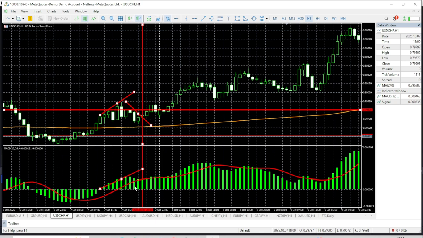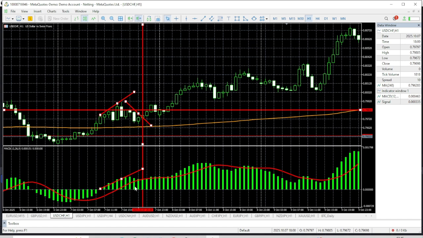So MACD must be bullish, and then the MACD histogram must now move above the MACD signal line for us to buy. We buy on the high of the candlestick that corresponds to the histogram that closes above the signal line of the MACD. 3 to 5 pips above that high is a good entry.